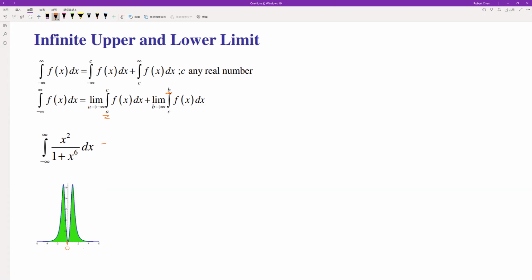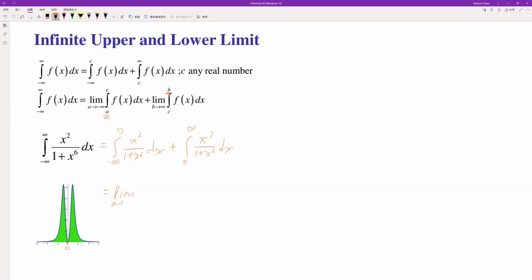Okay. So first, I'm going to split them up from negative infinity to 0 of x squared over 1 plus x to the 6th, and then add from 0 to infinity of the same thing. And then next, assigning a new variable to them to take the limit.